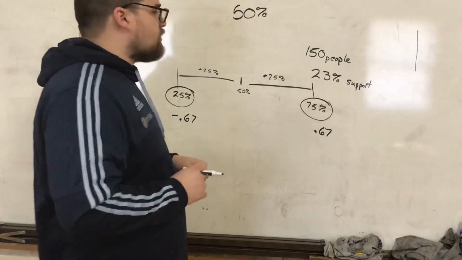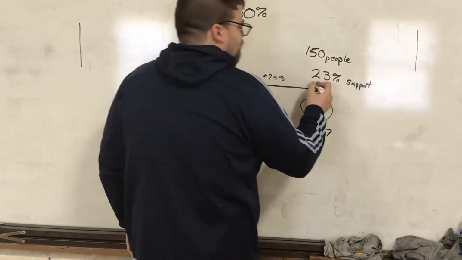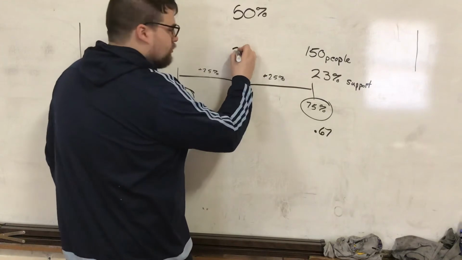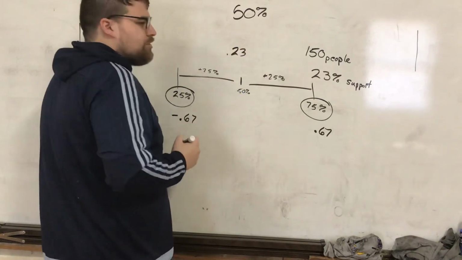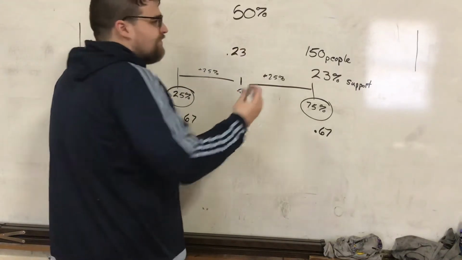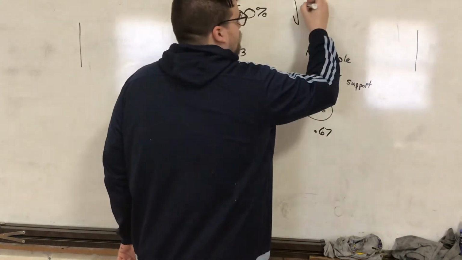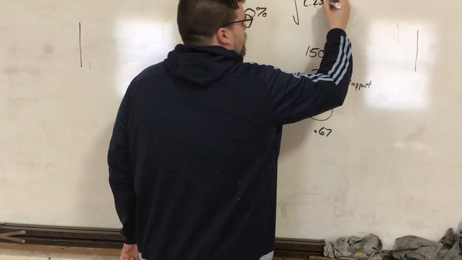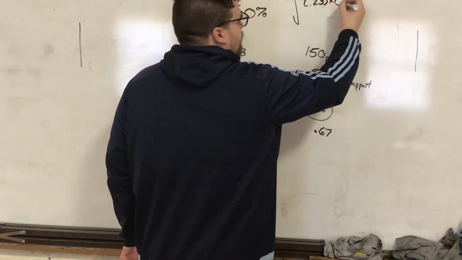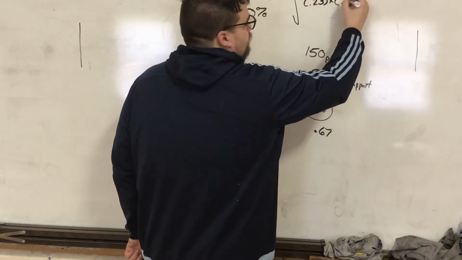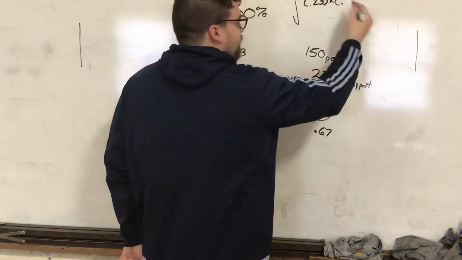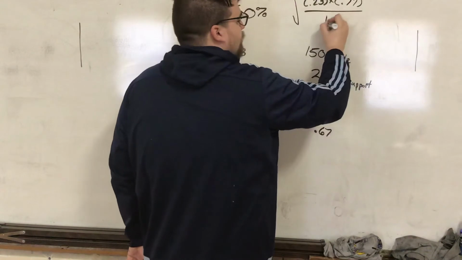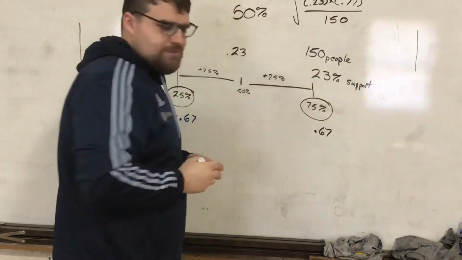So let's go ahead and do this math here. We have 23% support, so that's going to be our average, right? 23%, 0.23. But let's find our standard deviation. Well, to do that, square root of 0.23 times the opposite of that, 0.77, sorry, divided by the number of people that were involved, 150.